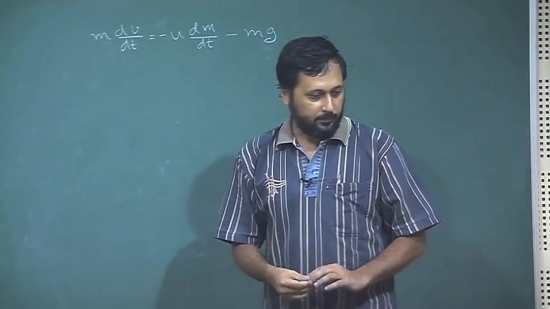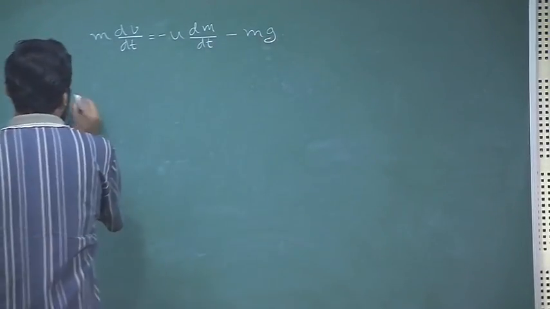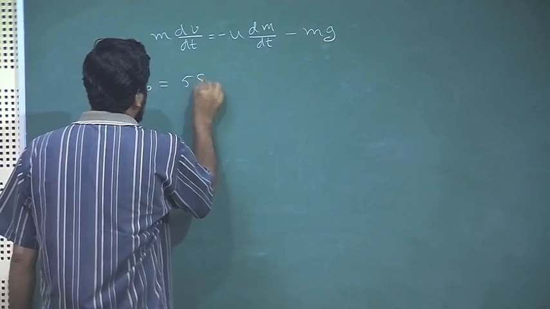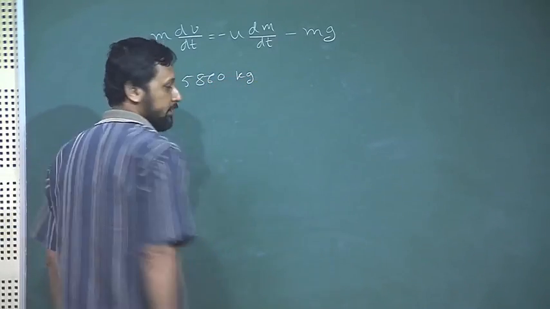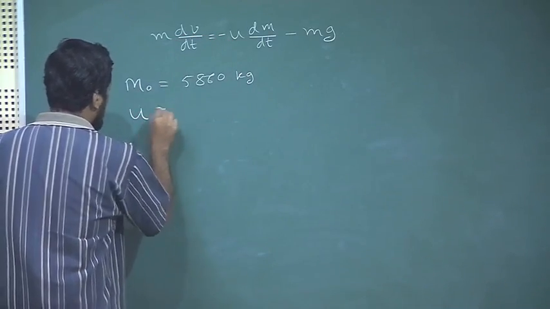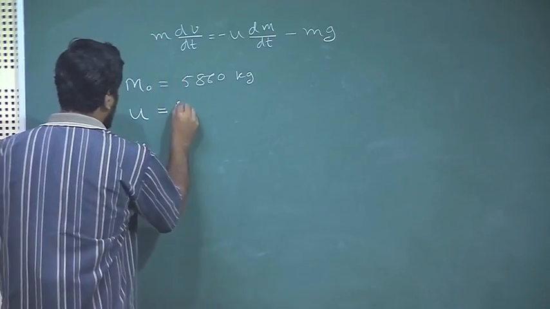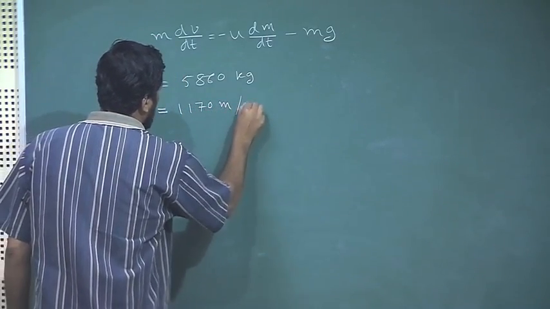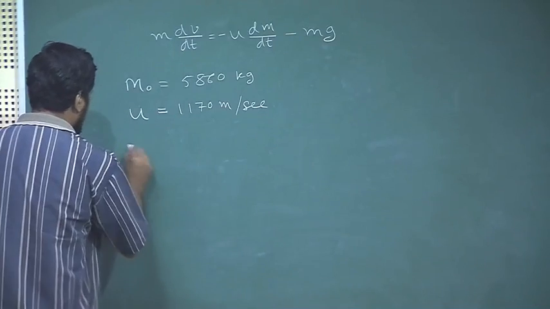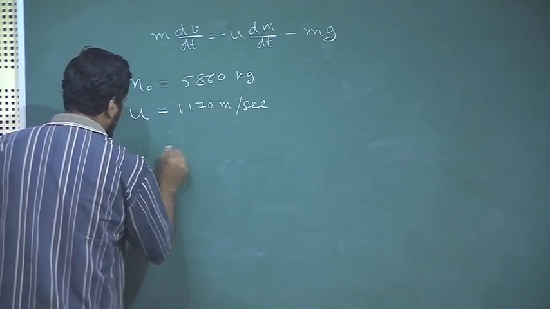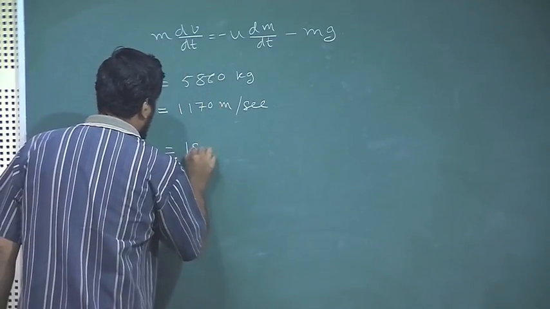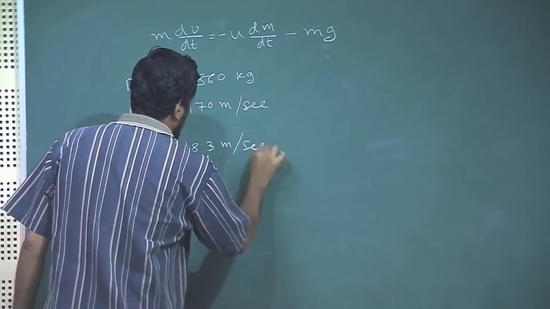Now, let us see. It is given that the initial mass m0 is equal to, what is the number, 5860 kg, and the exhaust gas speed which is given is 1170 meters per second, and the initial acceleration which we are looking for is given as 18.3 meters per second.